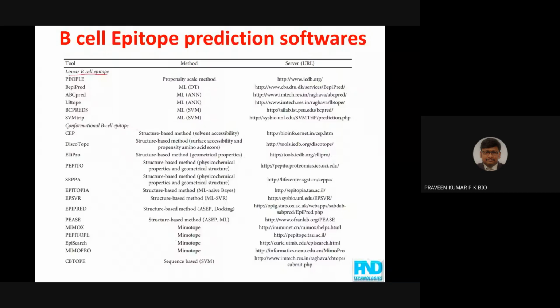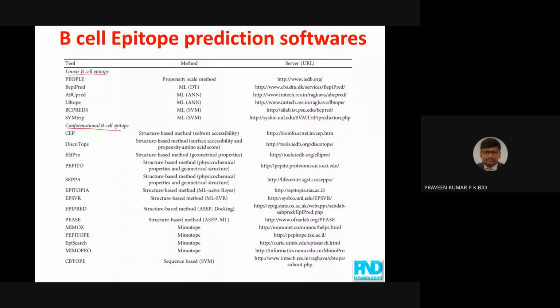Similarly, for conformational B cell epitopes, we have plenty of tools. If you are going for a publication, I suggest you go with multiple tools, at least 3 or 4 tools, and compare them with each other. Take the top 20 and find which top 20 epitopes have a more frequent occurrence. Based on this, you can finalize it.